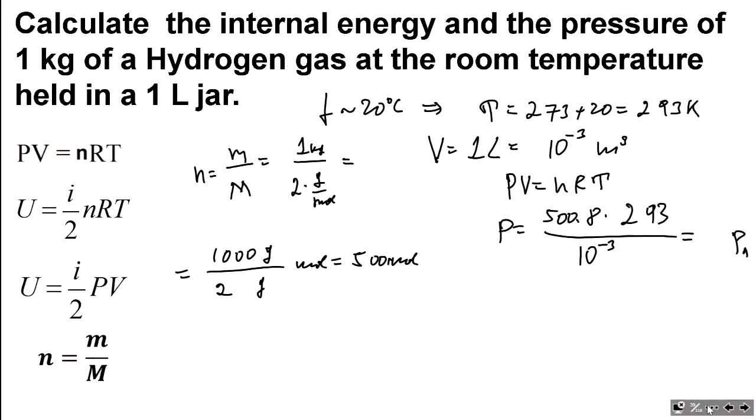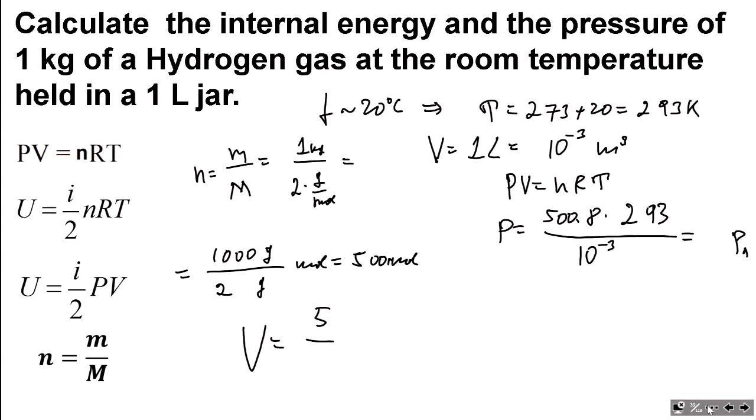Now, the second question is calculating the actual amount of joules stored in this system, the internal energy, U. Well, it's a diatomic gas. We don't have to remember because normally you can always ask, but hydrogen is very well known. For the diatomic gas, the number of degrees of freedom is 5.